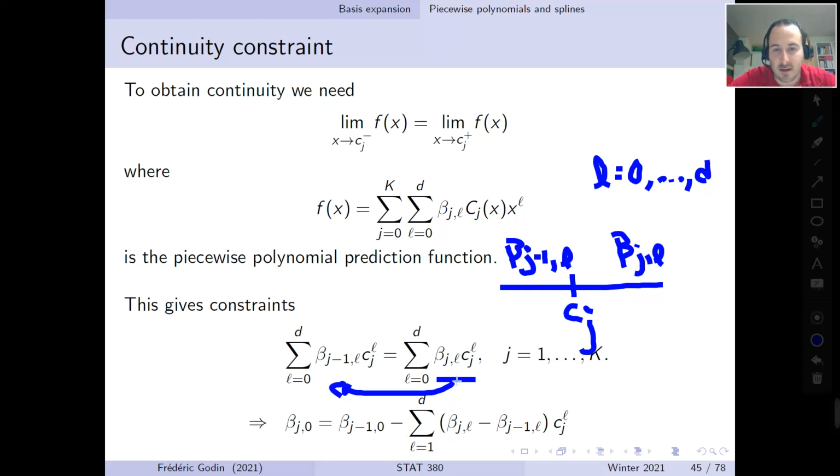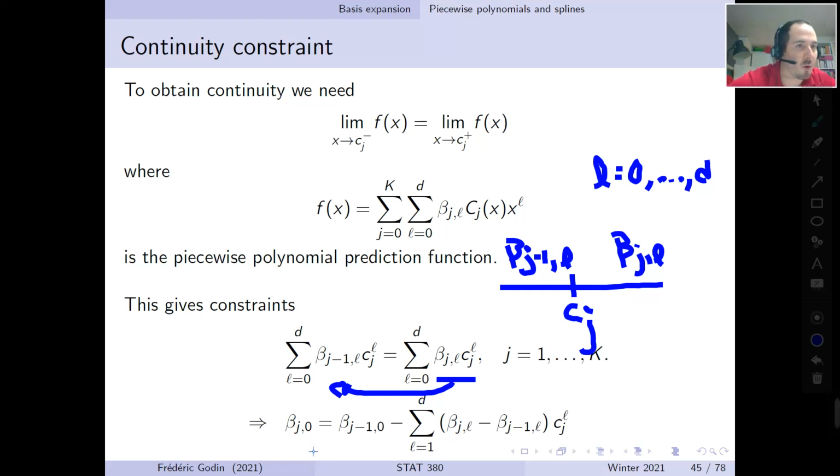So this entails that beta j0 is beta j minus 1, 0 minus the sum for all l's of beta j l minus beta j minus 1 l times Cj to the power l. Okay, so we see that imposing this constraint leads to this, which entails simply constraining the beta j zeros.